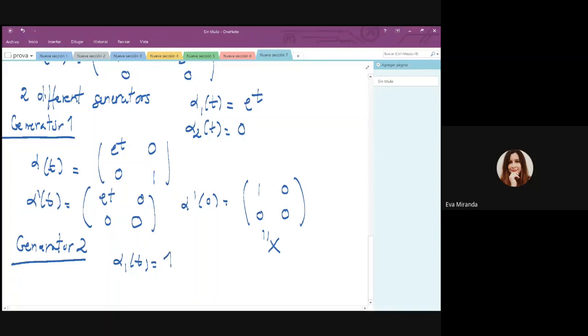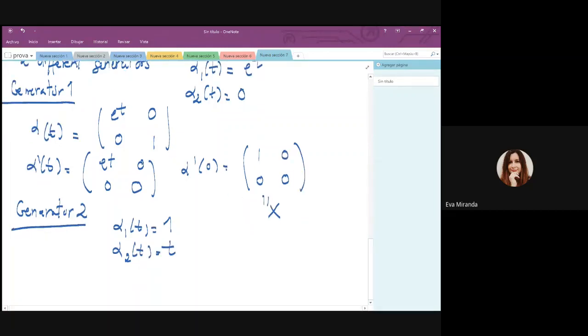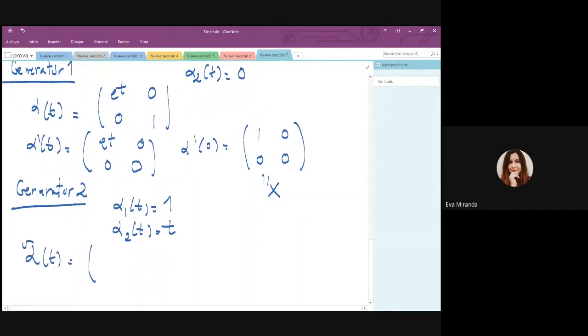I cannot consider 0. I may consider alpha 2 of t equal to t, and then the alpha I'm considering, which I'm going to call alpha tilde of t, is going to be 1, t, 0.